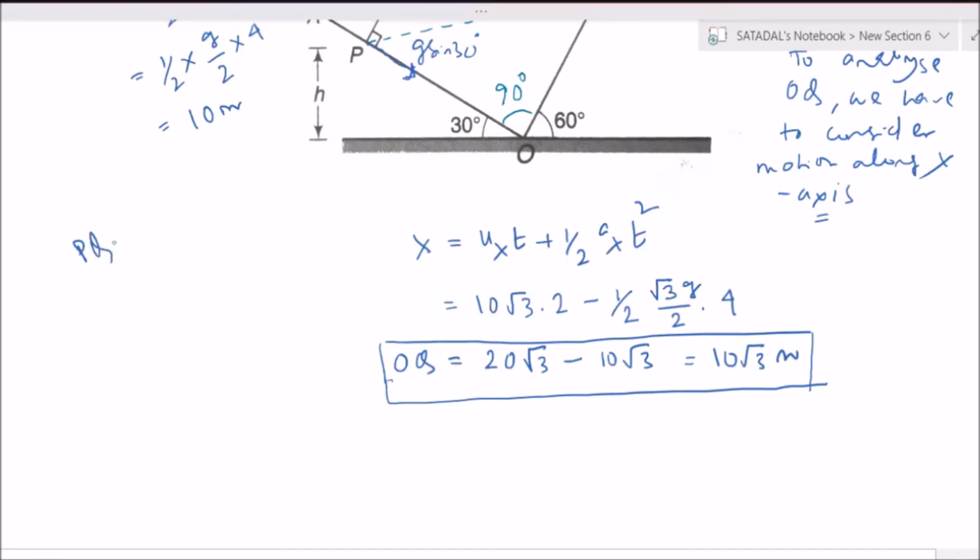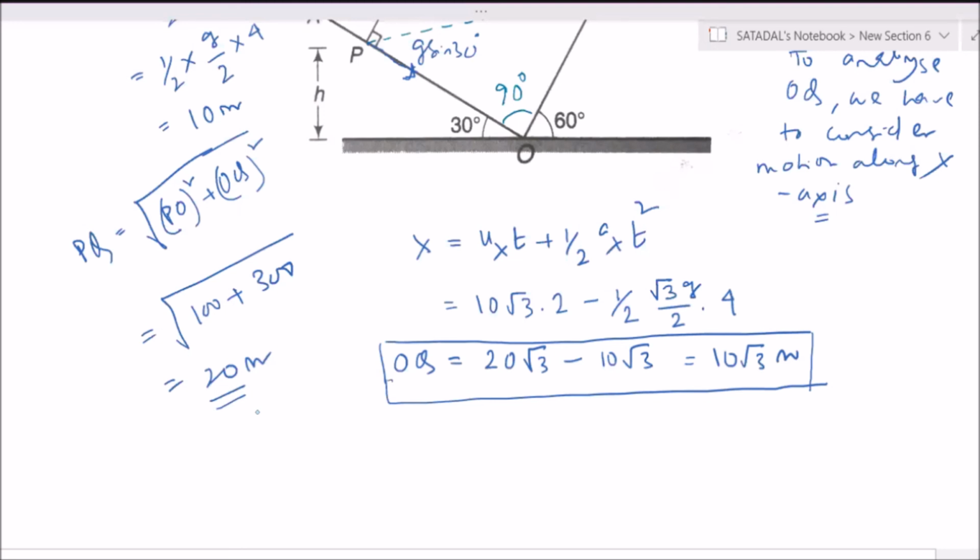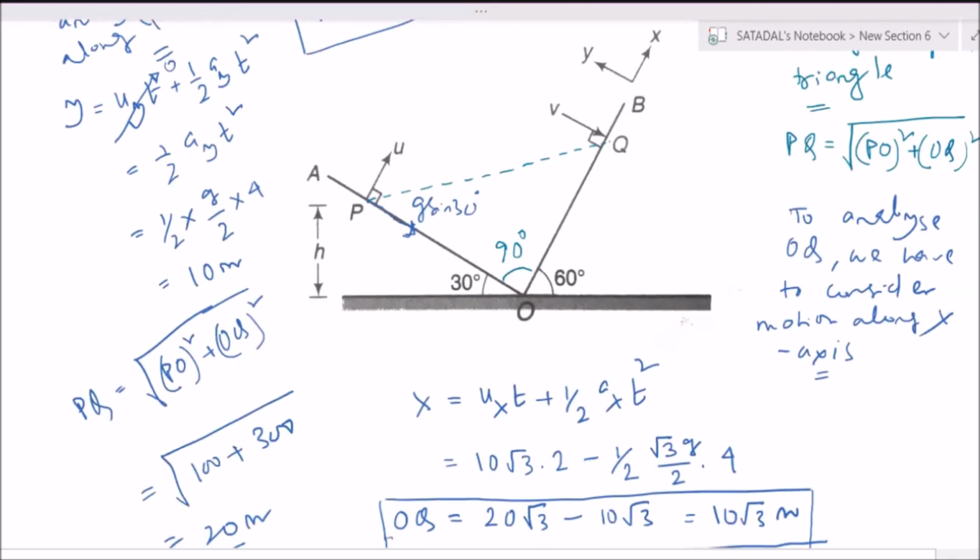I have checked PQ is equal to root under of PO square plus OQ square. That is root under 100 plus 300. So 20 meter is the answer. This is a very nice question. And why do I prefer this question? Because if you solve only one question, the entire revision will be there. You can revise the entire inclined plane projectile motion.